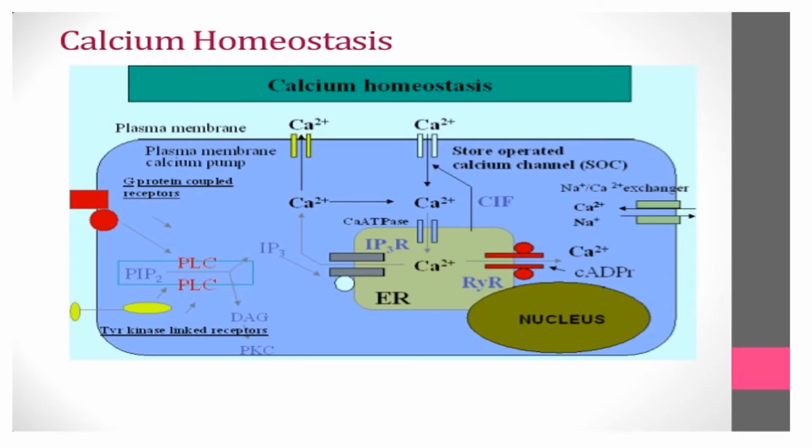This is another explanation of calcium homeostasis, in which you can again see different calcium ion gated channels and calcium sodium exchanger channels. Here this is a uniport, with calcium influx here and efflux of calcium over there.